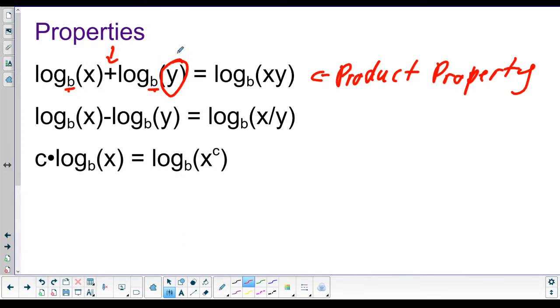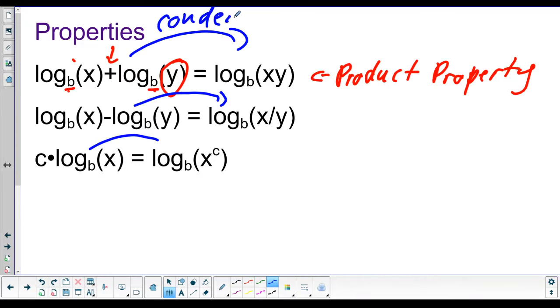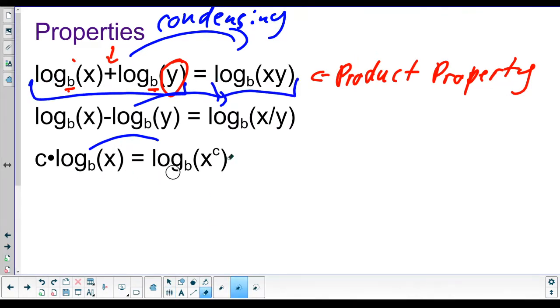Just because I'm explaining it from left to right doesn't mean you can't go backwards. If you are going this way on any of these properties, you are condensing. You're making it more small, right? We have 2 logs here, you have 1 log there. You condense that bad boy.